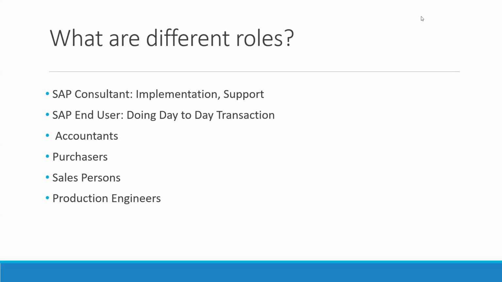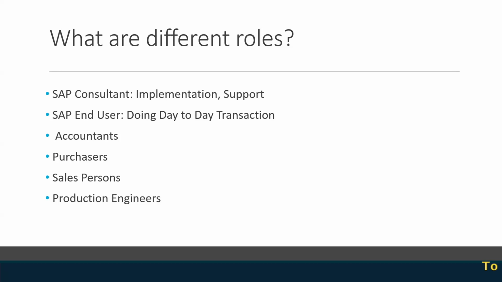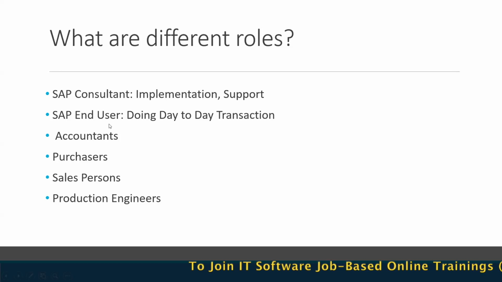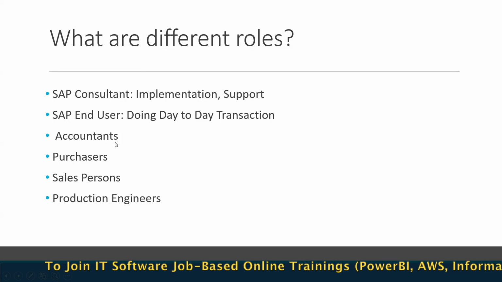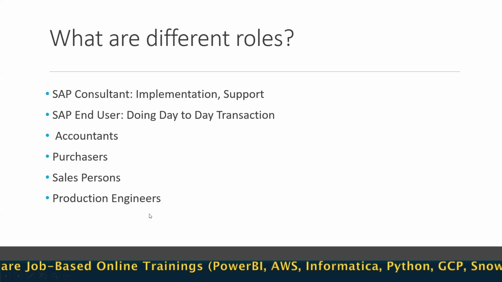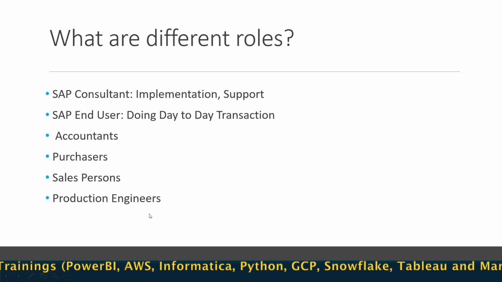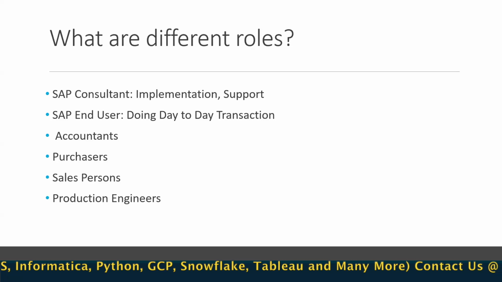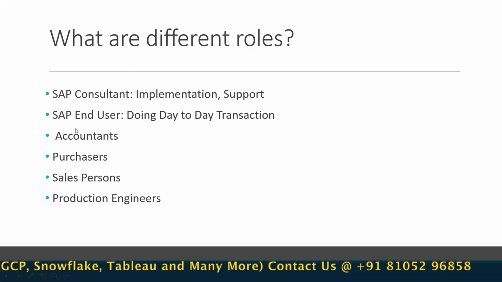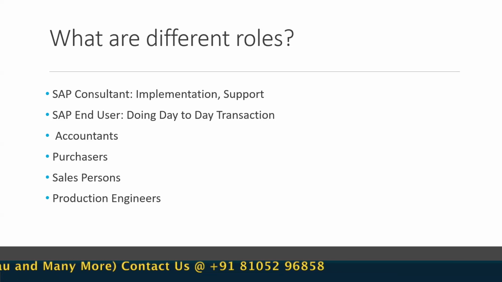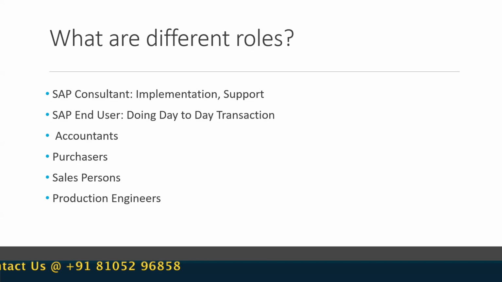So the accounts department will remain the same, but now they can use SAP as their software for doing their daily transactions. Those are called SAP end users. So we can have accountants, purchasers, salespersons, production engineers, the persons who work in these different departments and go through their day-to-day transactions. So these are the different roles available in SAP.